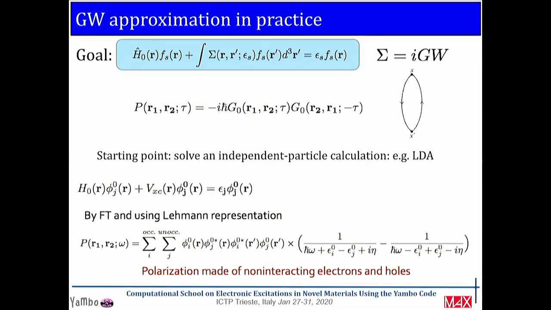So, the first step is to solve an independent particle calculation, for example, an LDA or any other flavor of density functional theory, and we can build in this way the expression in real space of the polarization that is made of non-interacting electrons and holes, as shown here in this diagram.